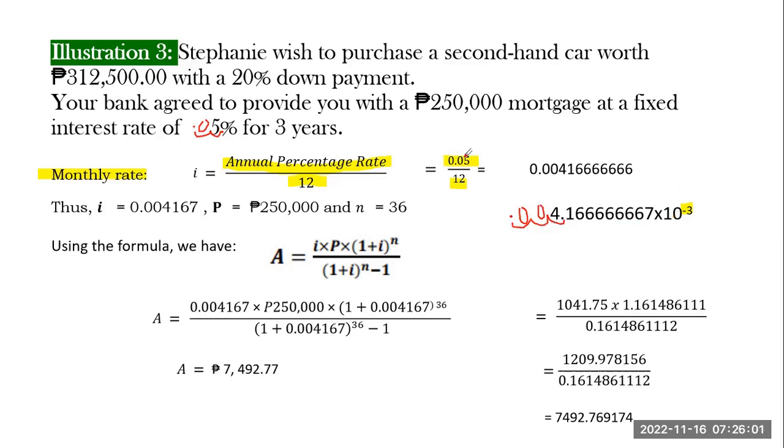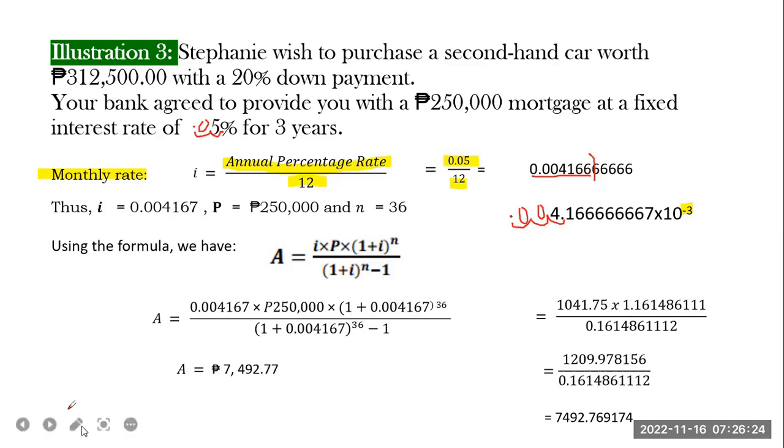0.00416666667. And then, in getting the monthly rate, kunin natin yung 4 non-zero. And then, katabi ni 6 is 6. That's more than 5, more than 4. So, we just add 1 kay 6.